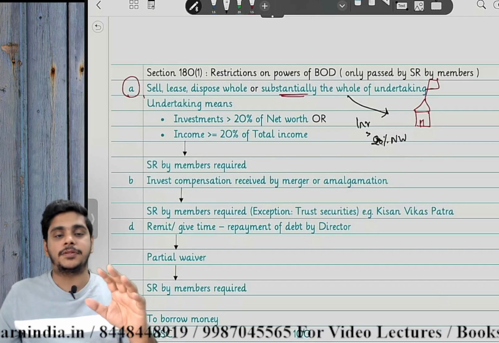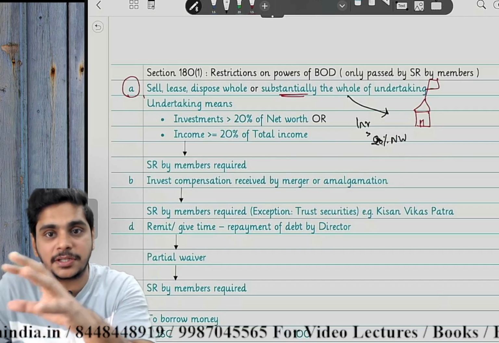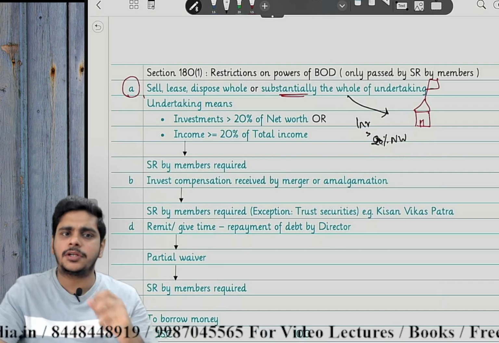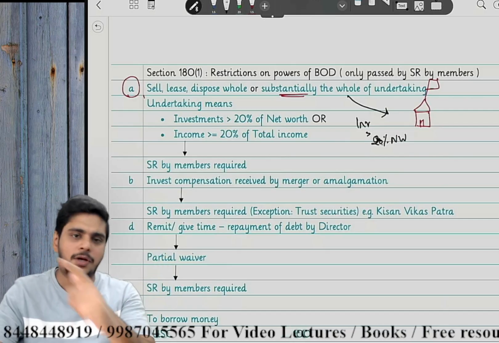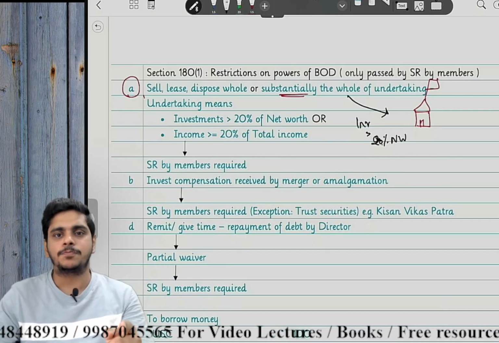So out of 100 rupees, 21 rupees is invested in this undertaking. So this becomes a very crucial undertaking. Board, you want to sell it off, put it on lease, dispose it off, you can't do it. It is the members by SR.